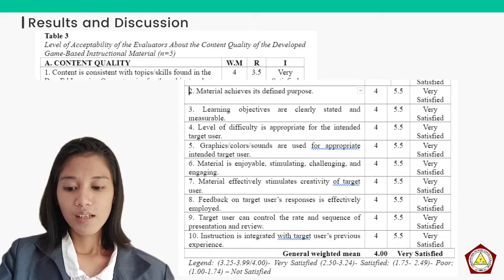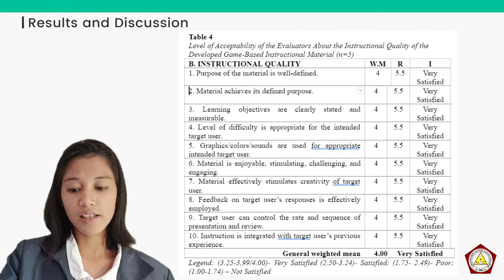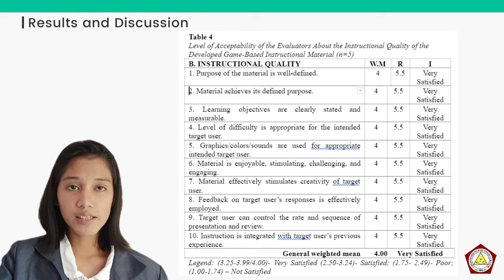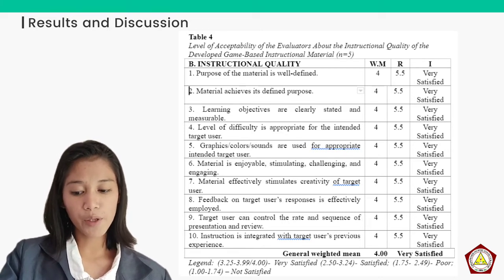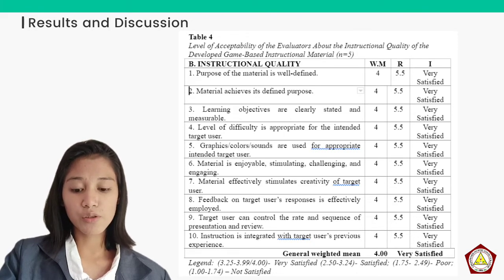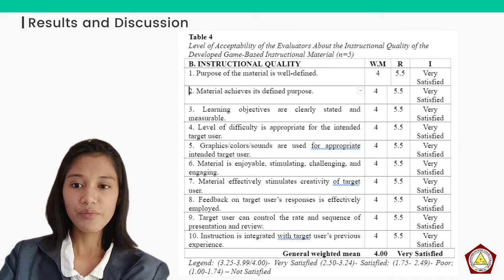The other one is instructional quality. Here are the indicators. Purpose of the material is well defined. Material achieves its defined purpose. Learning objectives are clearly stated and measurable. Level of difficulty is appropriate for the intended target user. Graphics, colors, sounds are used appropriately for the intended target user.